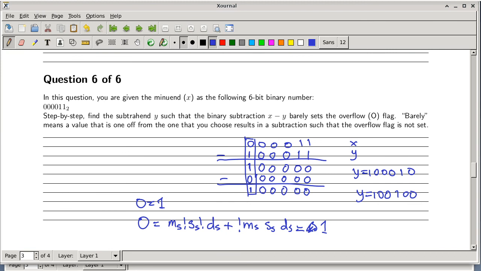So is negative 28 going to not set the overflow flag? Is negative 30 not going to set the overflow flag? The answer is negative 30 is not going to set the overflow flag. Is that okay?